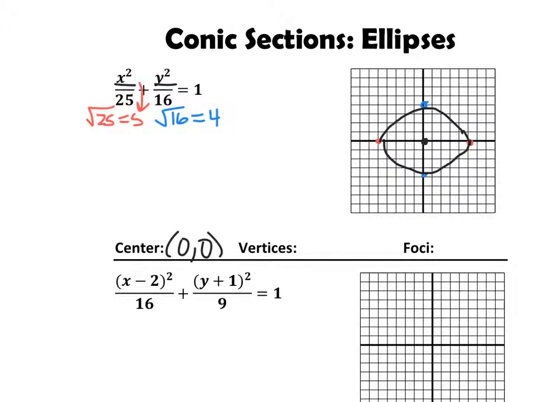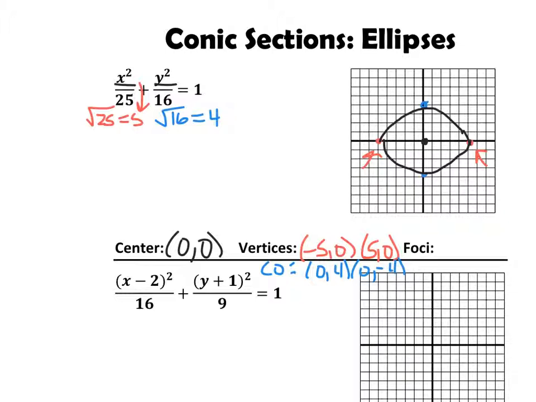Since the horizontal direction is longer, the red points are called my vertices. Wherever the longest axis is, those are what you call vertices, so those would be at -5, 0 and 5, 0. The other ones are my co-vertices, 0, 4 and 0, -4.